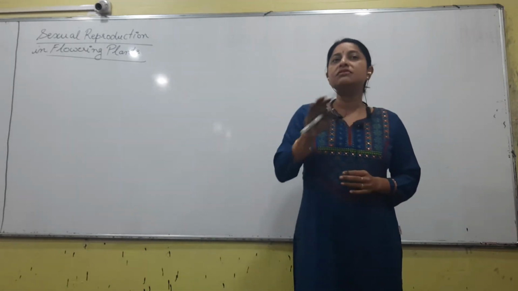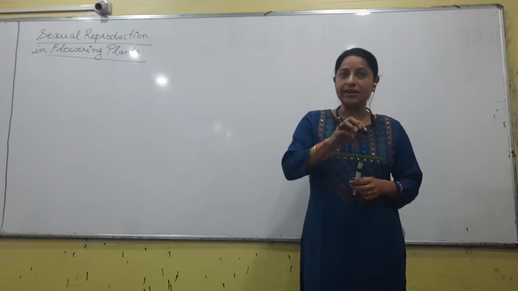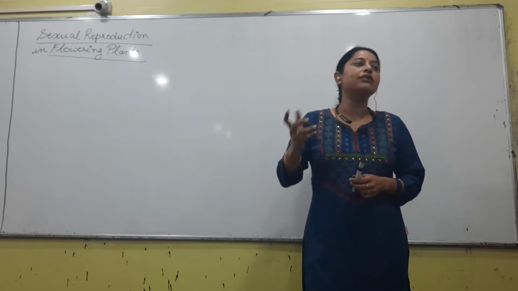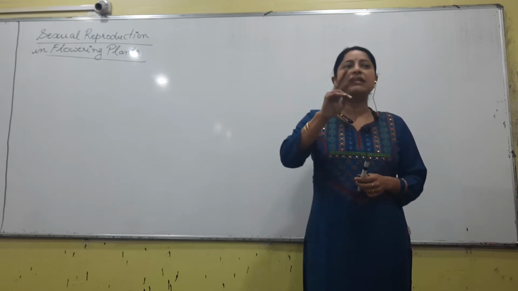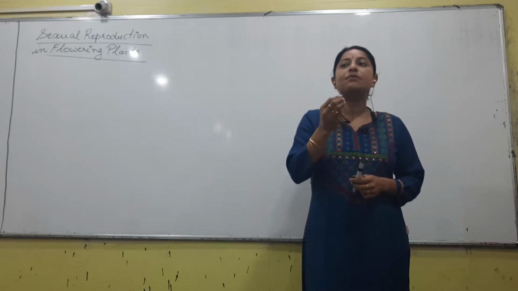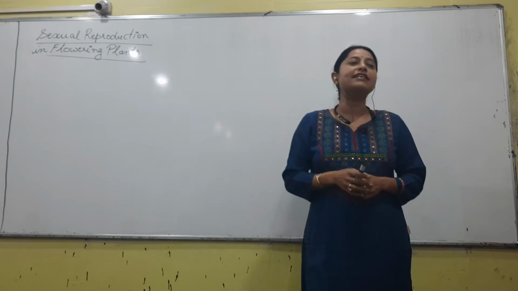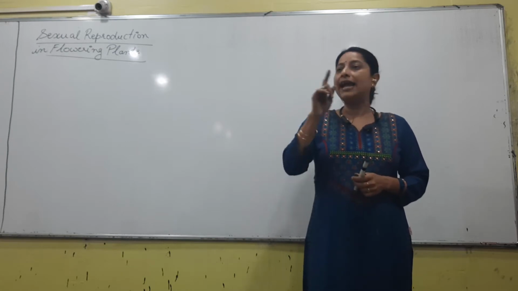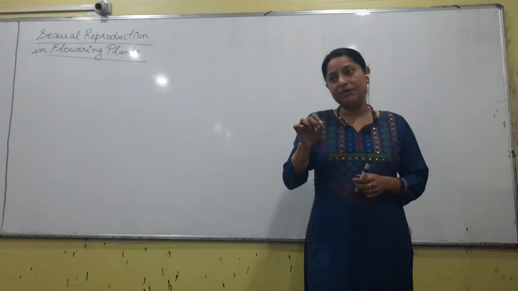So in very simple terms, what we will understand is that the pollen grain of a plant cannot pollinate a flower of that plant. There is a plant, there is a flower, the flower has a male sex organ and a female sex organ, but the pollen grains in the male sex organ cannot fertilize the ovary or the egg, right? Or there is a plant with many flowers, maybe a male flower and a female flower.